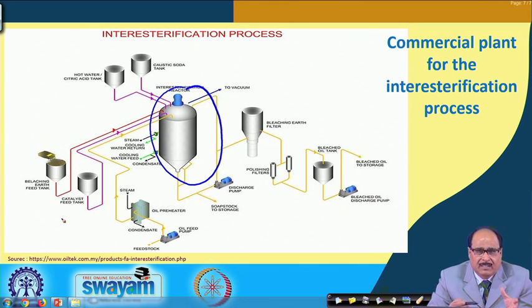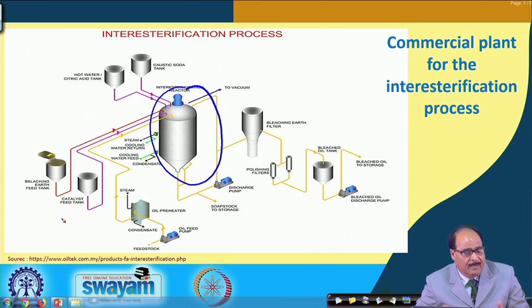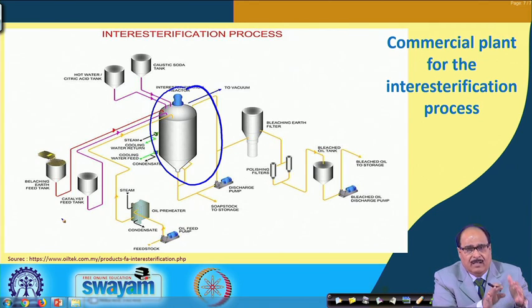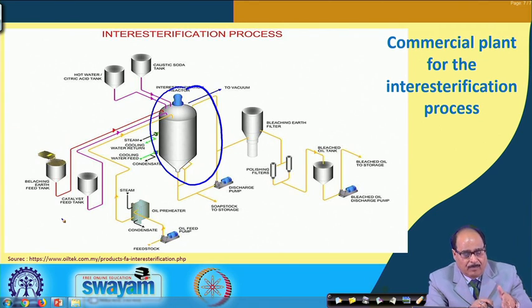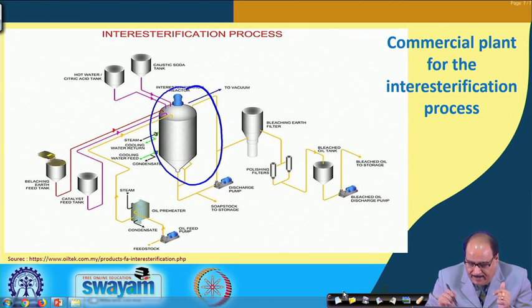Because of the continuous nature of the plant, they are provided with deacidification, deodorization and bleaching facilities. So, bleached and neutralized oil is put into the reaction vessel where the catalyst is sent, and then the proper temperature, pressure and other conditions are maintained in the vessel to get the desired interesterification reaction.